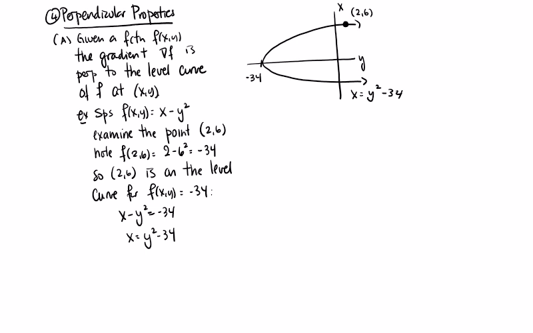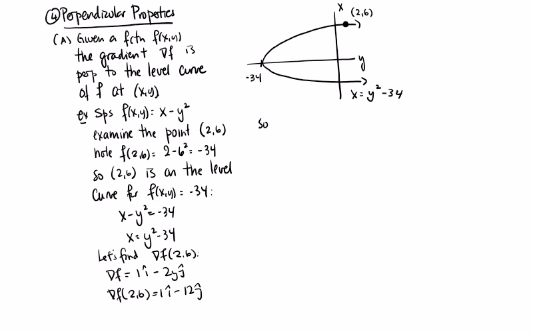Now, what this property says is the following. Let's find the gradient of f at 2, 6. So the gradient of f in general is the derivative with respect to x, which is 1i, minus 2yj at the point of interest. We got 1i minus 12j.